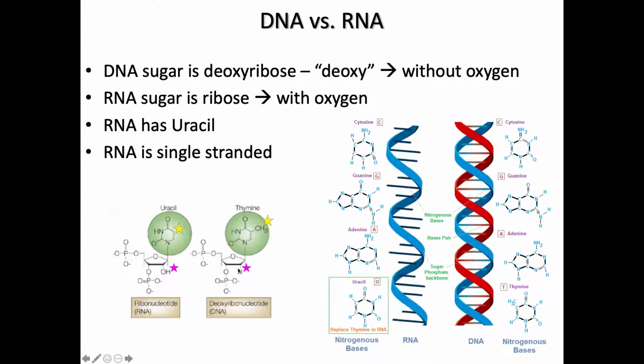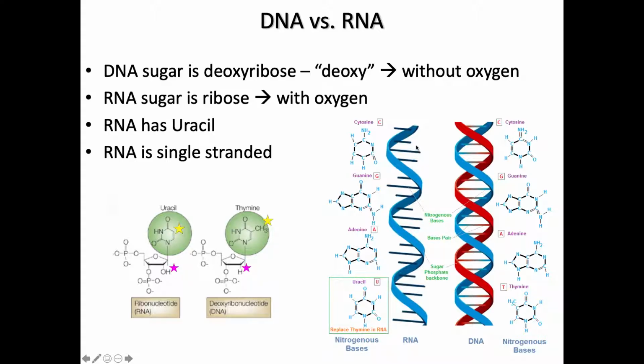Here, this is missing an oxygen, so that's why it's called deoxyribose. Deoxy means without oxygen. Whereas RNA's ribose sugar does have an oxygen at the second carbon. So carbon 1, carbon 2, it does have an oxygen here. Ribose sugar, deoxyribose sugar, missing an oxygen.